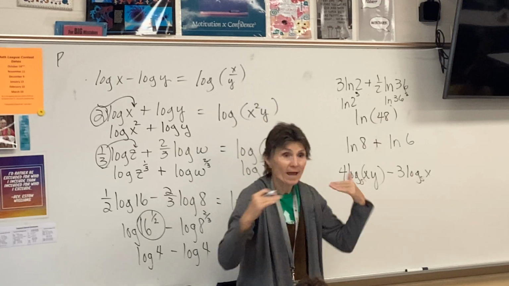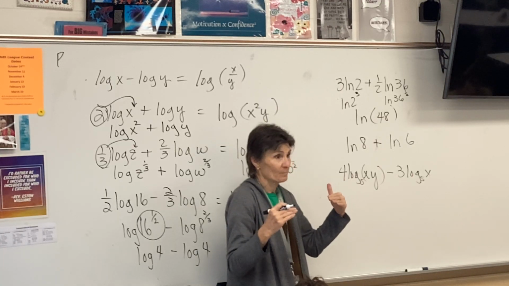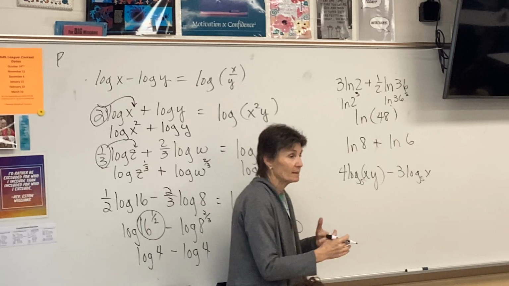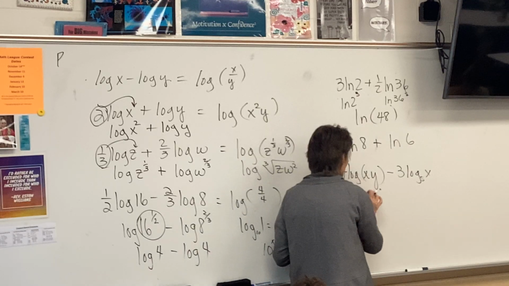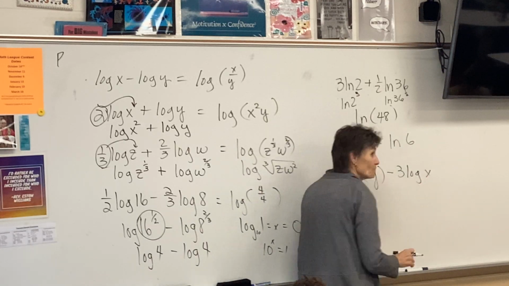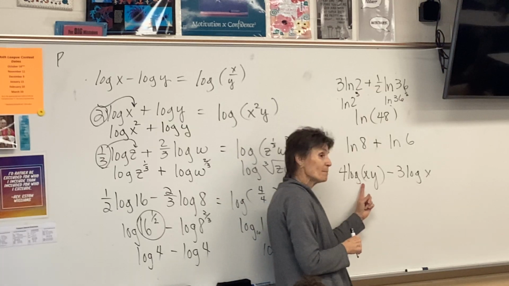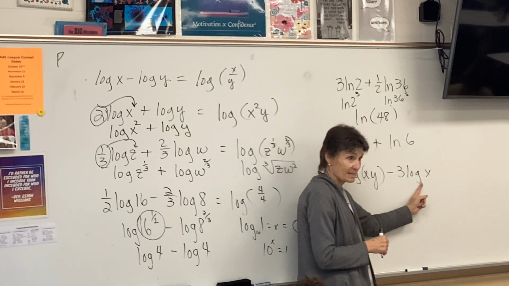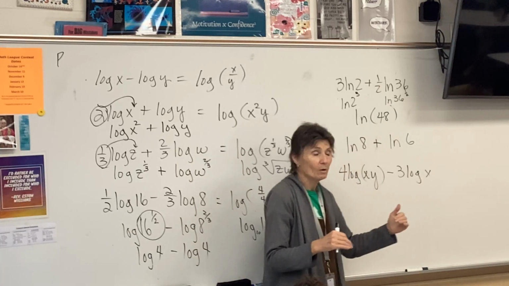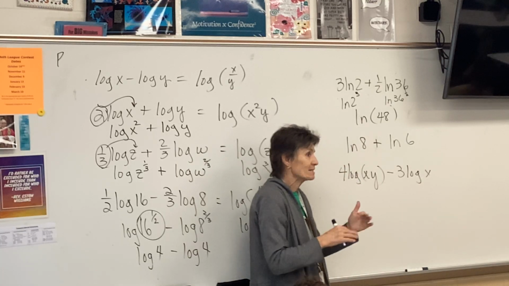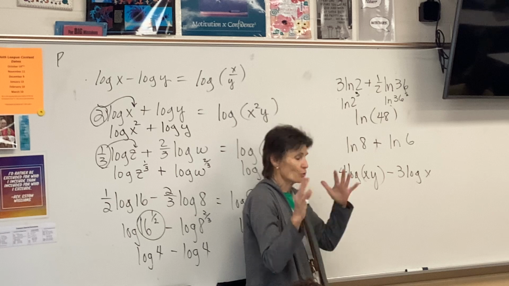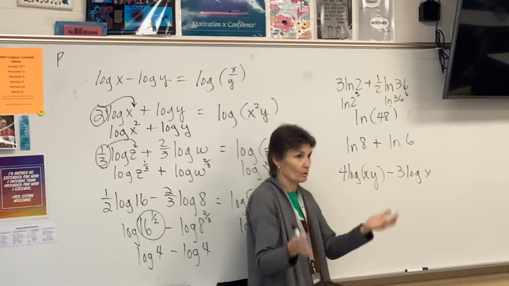It doesn't change any of the way we do things, okay? It's just along for the ride. So don't ever be confused if you have a different base in there. Now, it could be hugely problematic if that base is 5 and that base is 7. That is trouble, but I'm never gonna do that to you. The bases are always gonna be the same, so your properties work like they work.